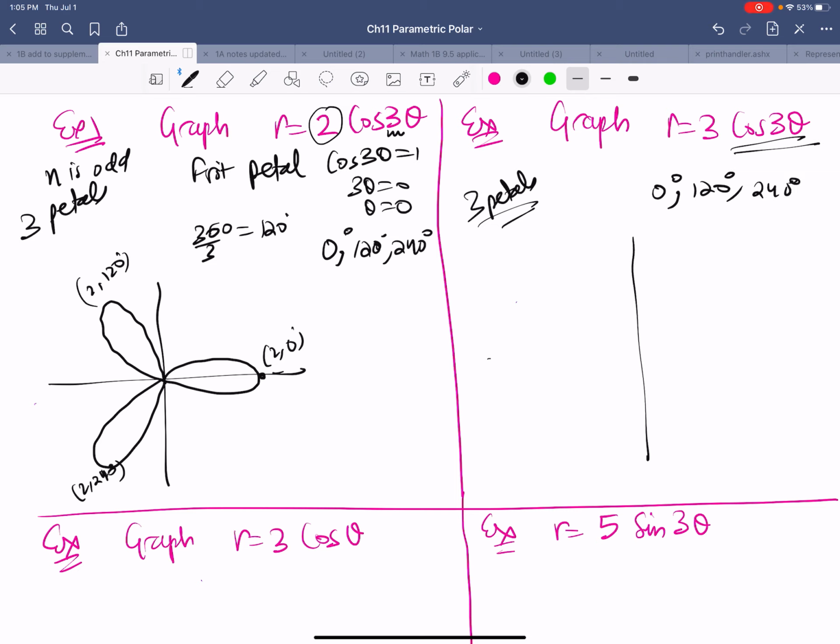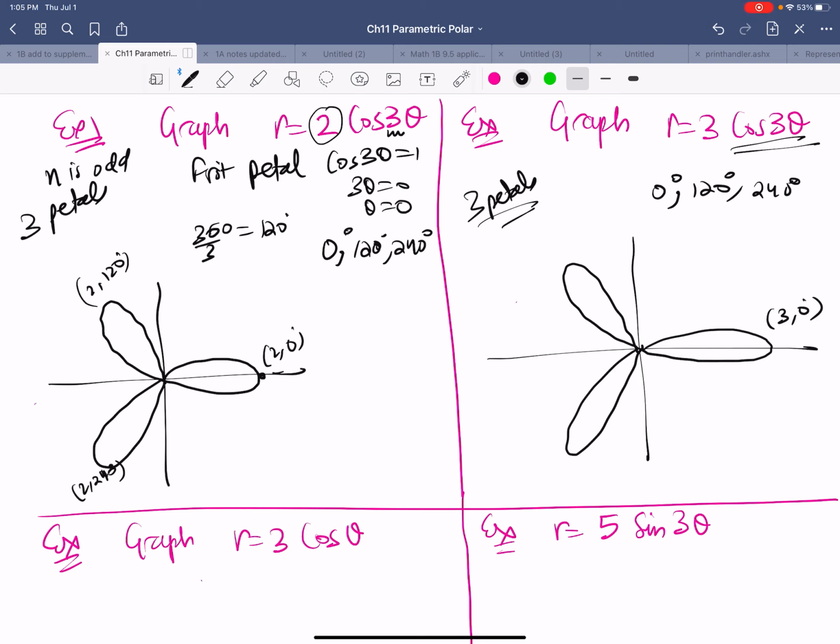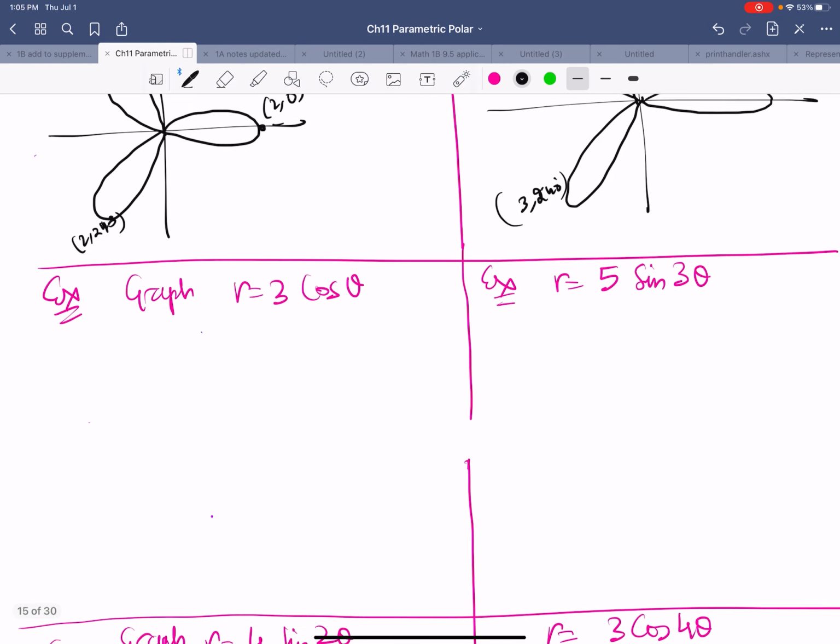The only thing that's going to be different is the radius, which would be 3. So r goes first and theta goes next. Okay, that's the graph of the second curve.